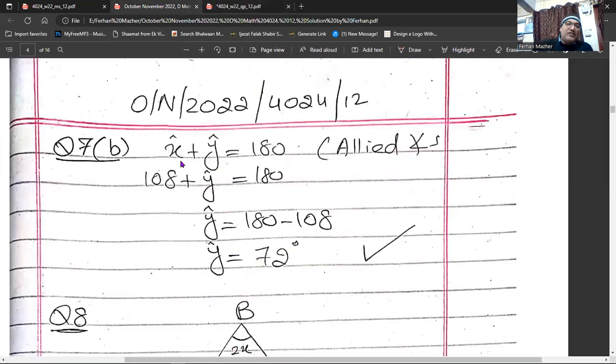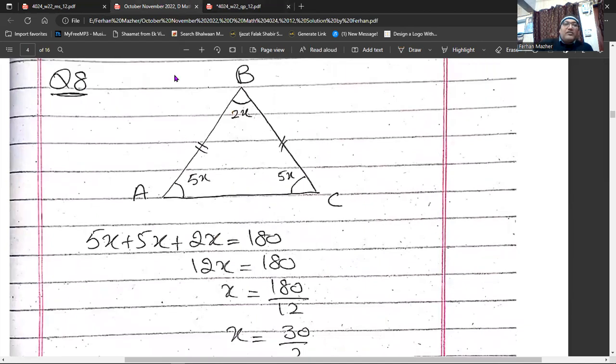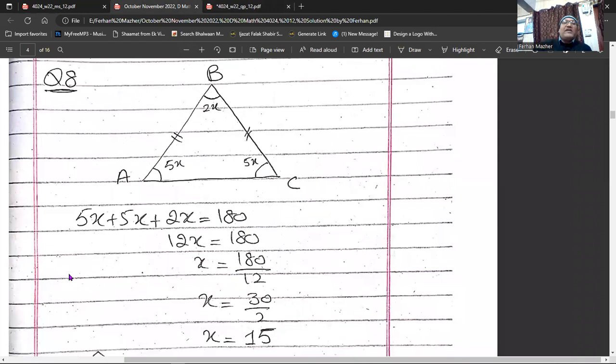So 5x plus 5x plus 2x equals to 180. So 12x is equals to 180. X will be equals to 180 divided by 12, and that will be 15. So the value of the angle x is 15.